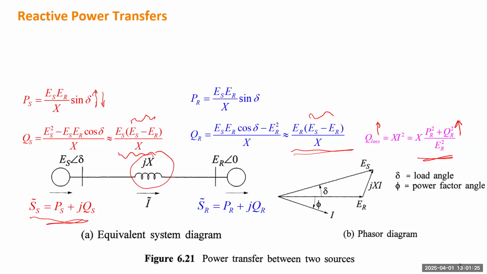The byproduct of increasing the reactive power delivery will be an increase of the reactive loss. If we also consider the resistance of the line, this will be active power loss. Similarly, if you increase either P or Q, that will increase the loss of active power.